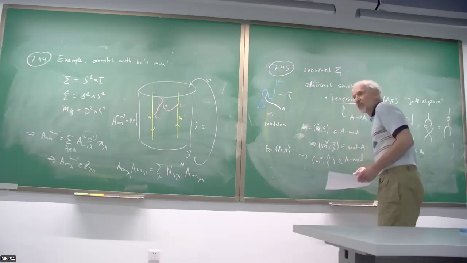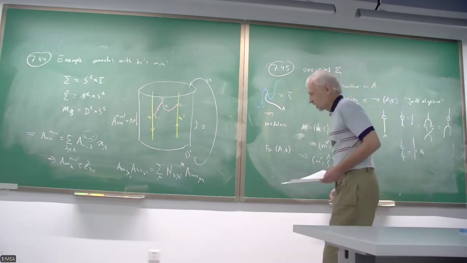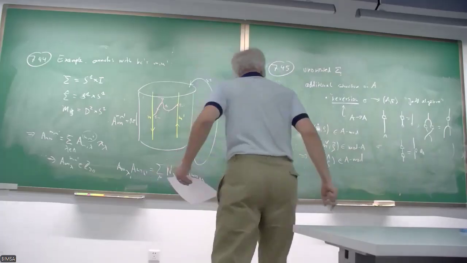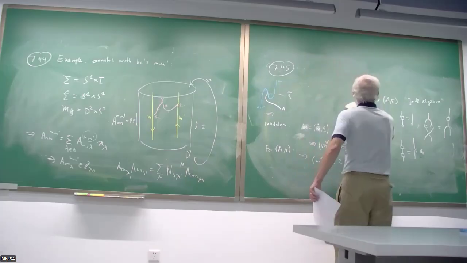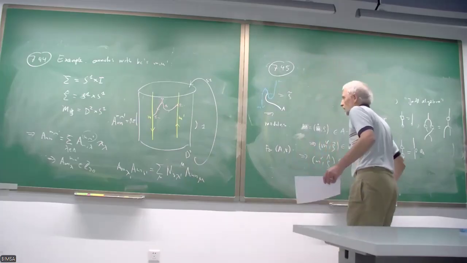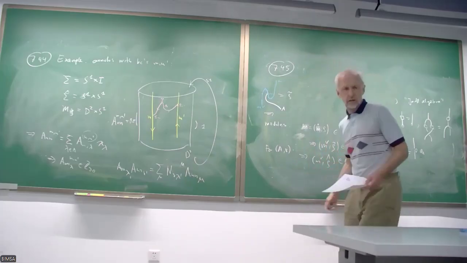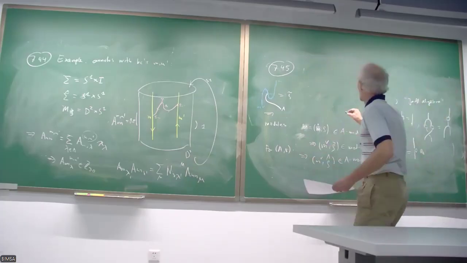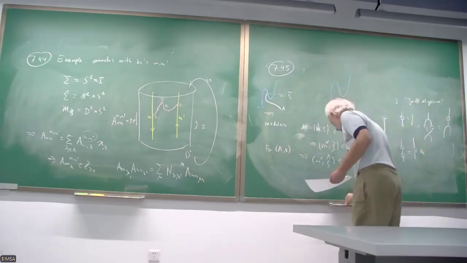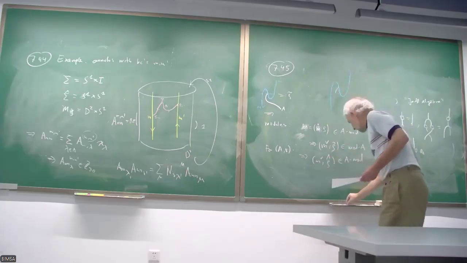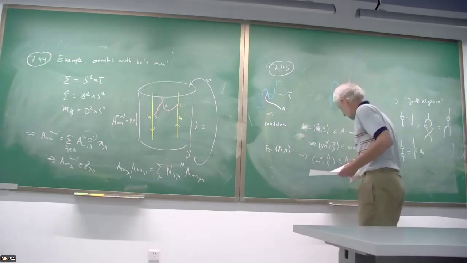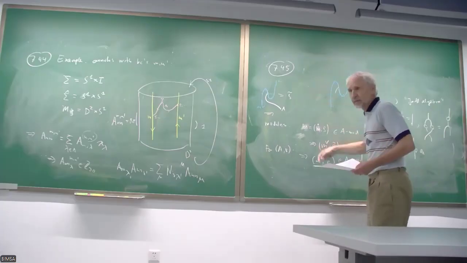And that is again easy to draw. I have the left module and left action of A. How can I get A now to the left?